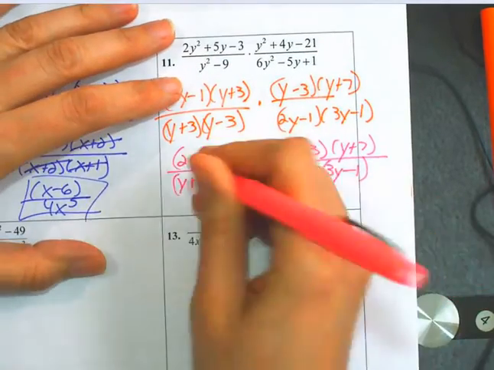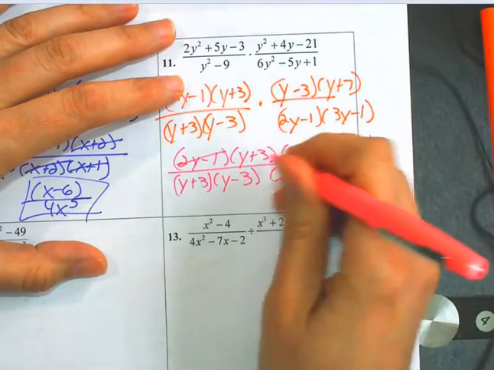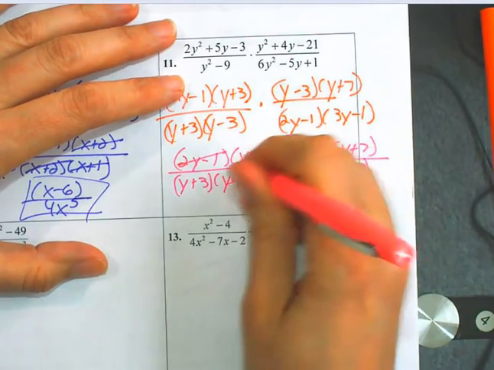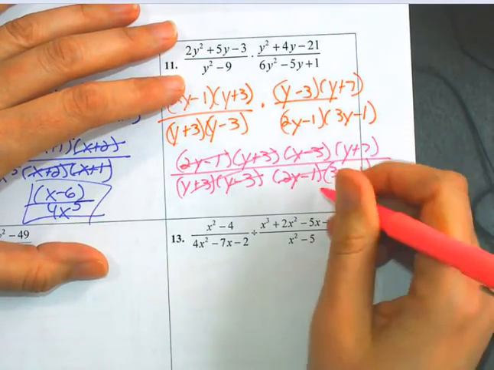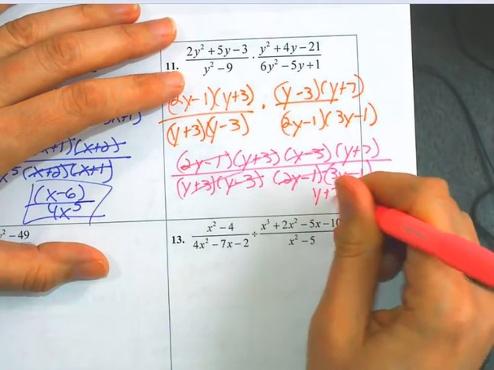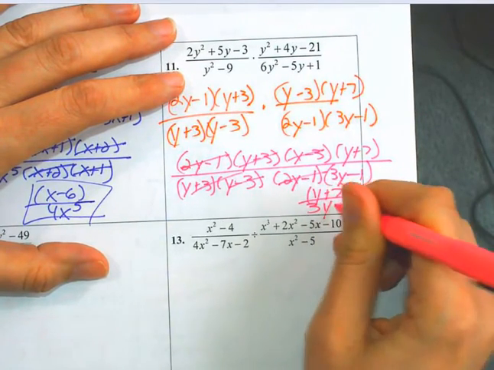Okay, and then cross out, so then I am left with y plus 7 and 3y minus 1.